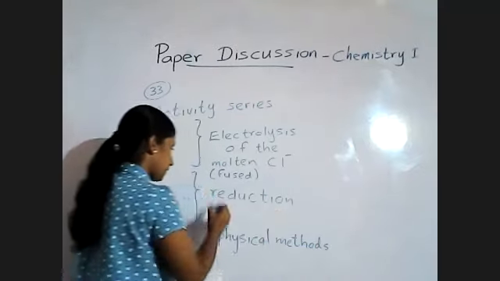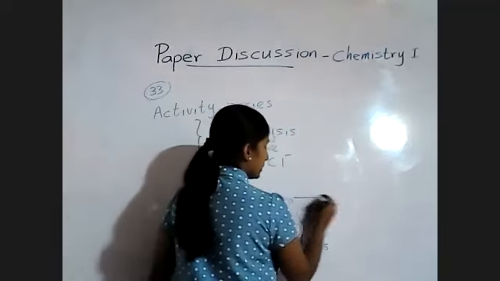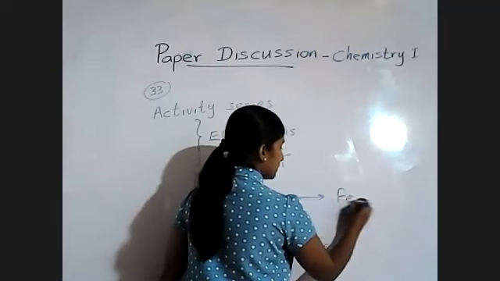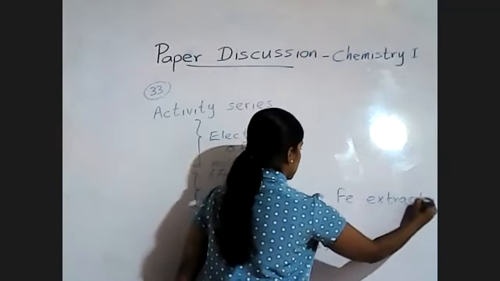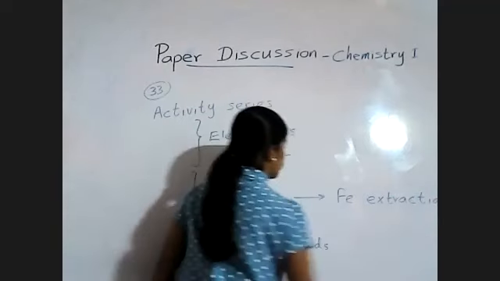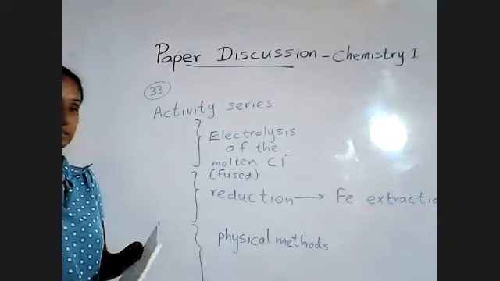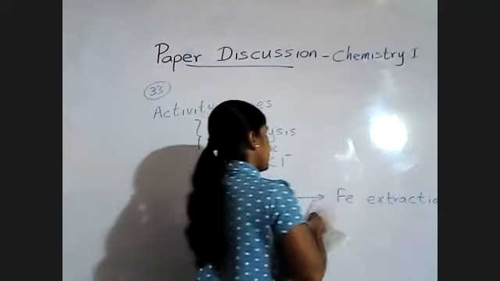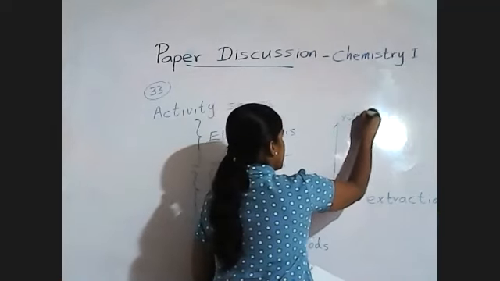And this part, under the reduction method, here in grade 10, we discuss the iron extraction. During iron extraction, what are the raw materials we use?